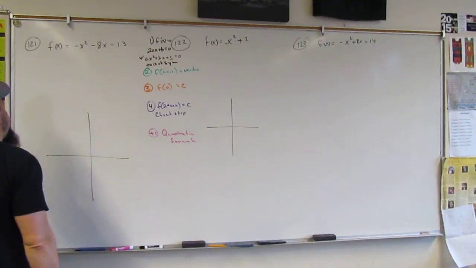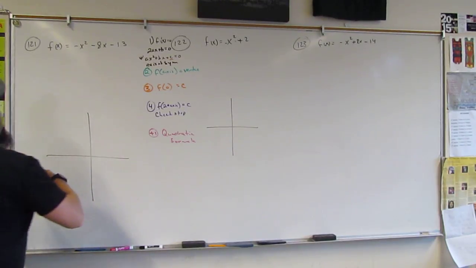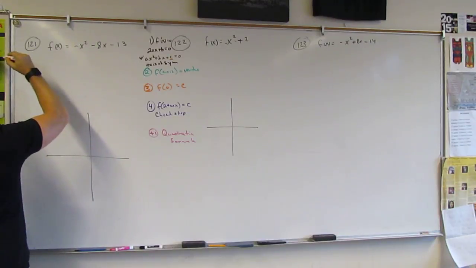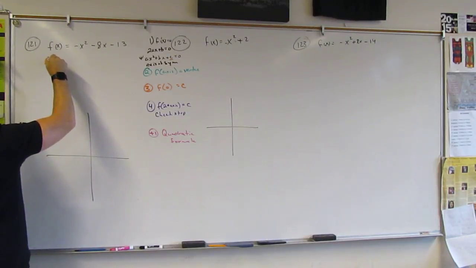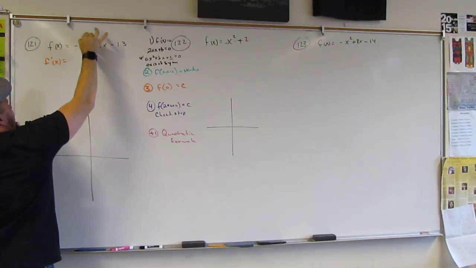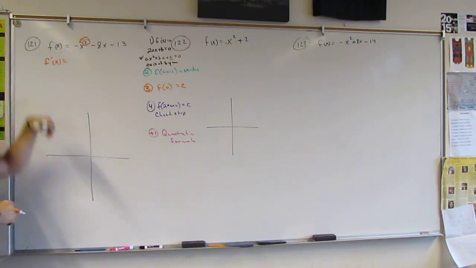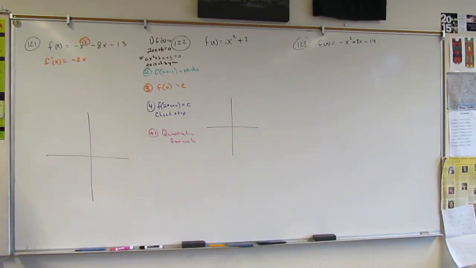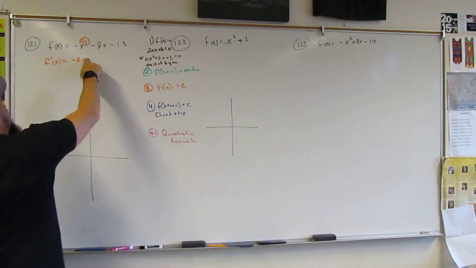So let's do it. The first step is finding f prime of x. So f prime of x is equal to the exponent times the coefficient. 2 times -1 is -2, right? Take 1 away from that, that leaves 1.